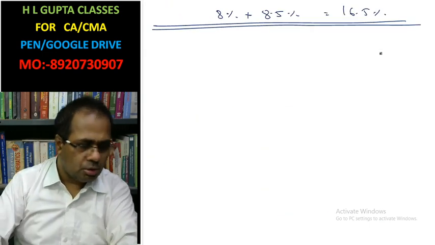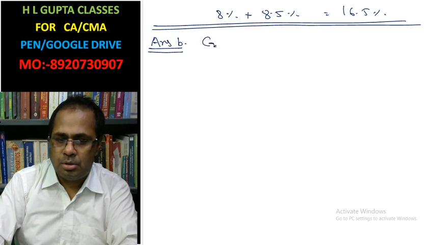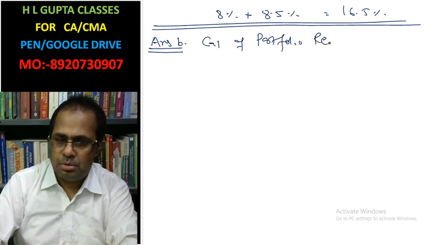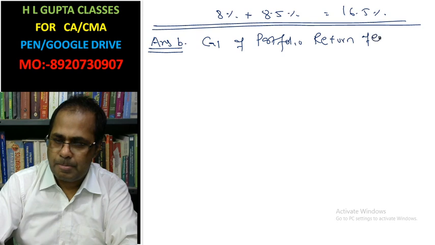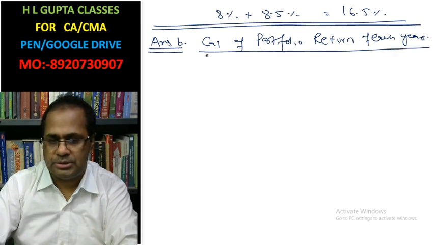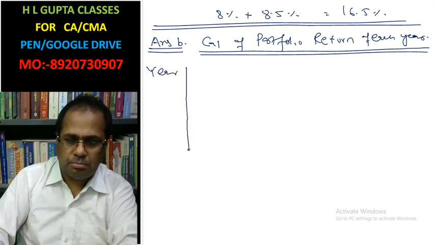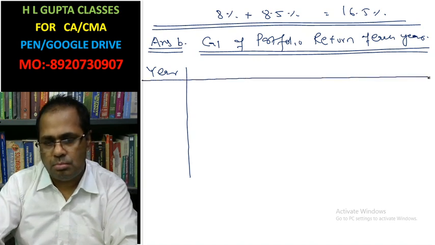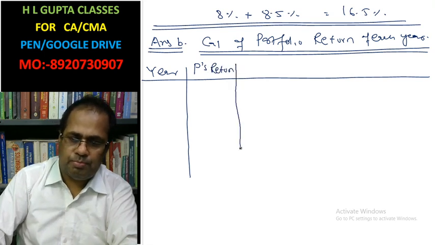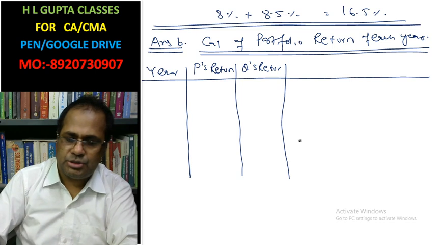I'm going to solve the question here. Please see. Calculation of the answer of B part: calculation of portfolio return of each year. This is your year, this is P's return, this is Q's return, and this is your portfolio return.